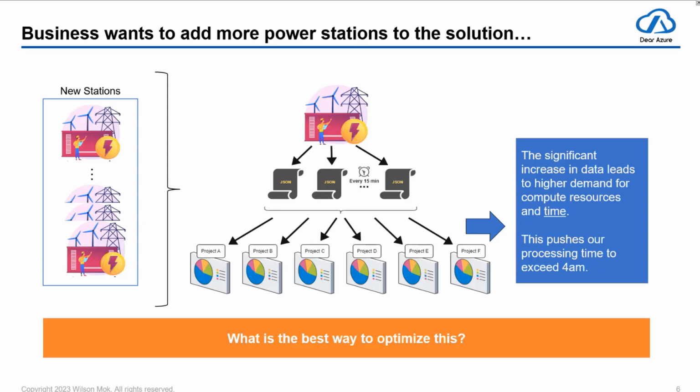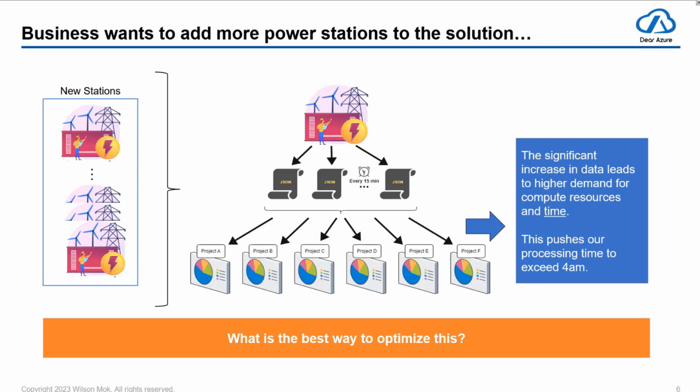They can see the performance of each of the stations and the power meters every day, every morning when they arrive. So they're very satisfied with that. But with that satisfaction, the business now wants to add more power stations to the solution, as they're happy with the result.